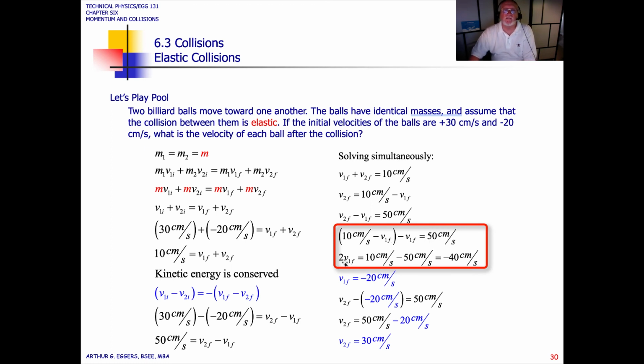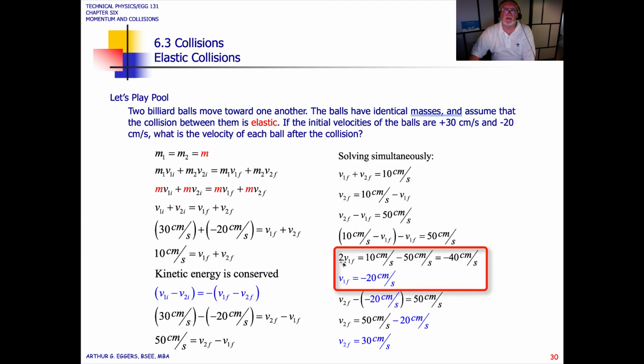So now I have 2 velocity 1 final is equal to 10 centimeters per second minus 50 centimeters per second, which gives me minus 40 centimeters per second. Okay, divide through by 2 on both sides, I get velocity 1 is equal to minus 20 centimeters per second.